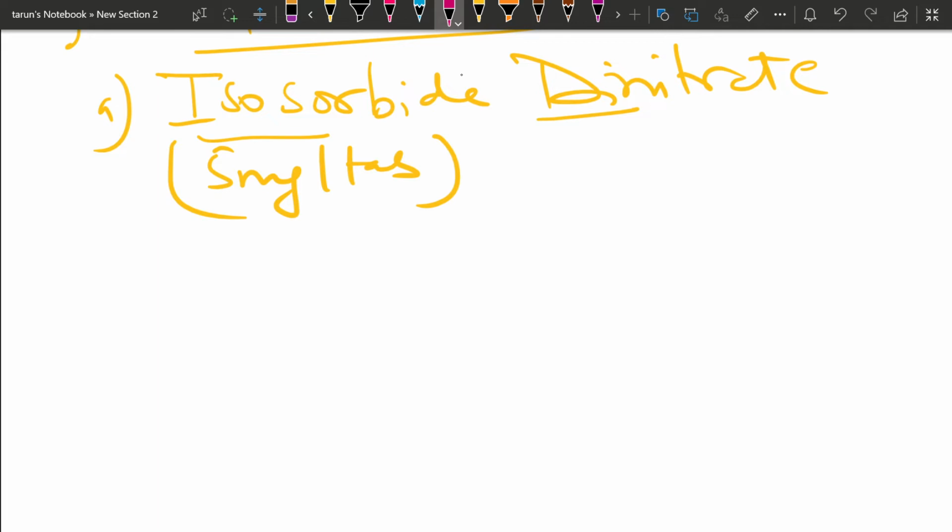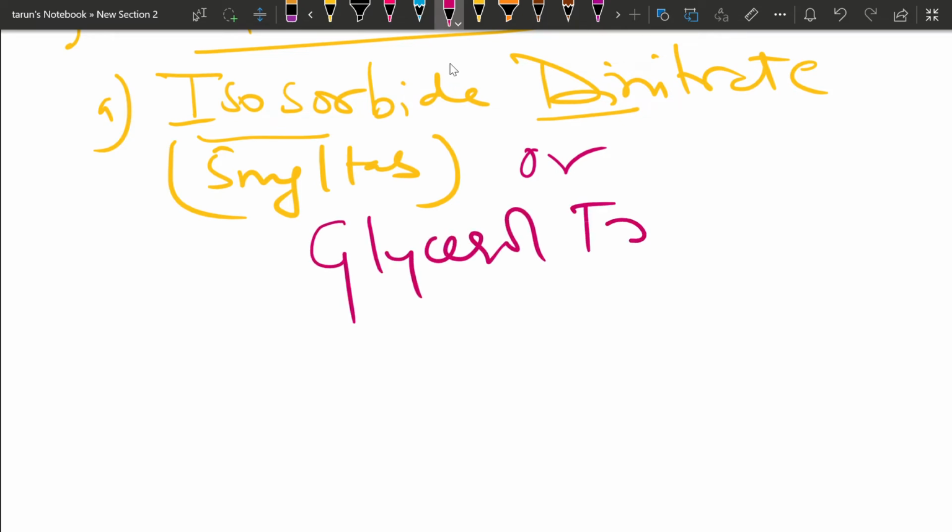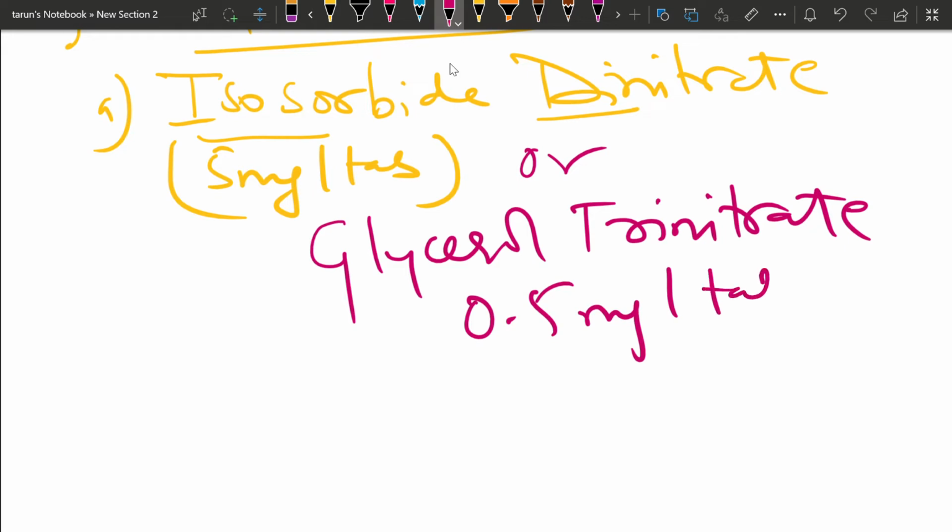For an acute attack, you can give isosorbide dinitrate, or you can also give glyceryl trinitrate. For glyceryl trinitrate, the dose is 0.5 mg per tablet. It is more potent.